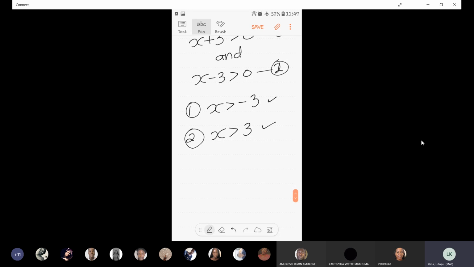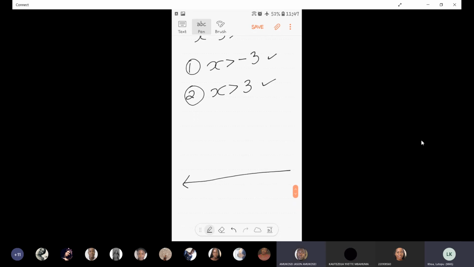So you go and draw a number line. You put the very first one that we got, which is that it must be between -5 and 5. So our circles are unshaded because -5 and 5 are not included. Okay, and then the definition of the logarithms, we say that x should be greater than -3.